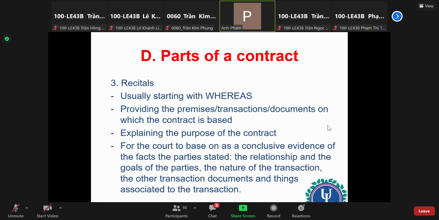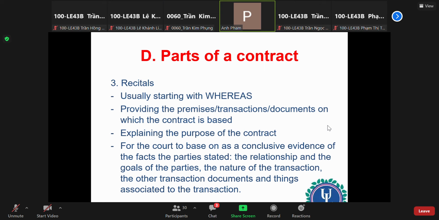So when you look at the specific contract, you know that the parties have another contract relevant to this transaction, which is the master service agreement contract, right? So just look at the recital and you know other transactions relating to the contract that you're going to enter into.